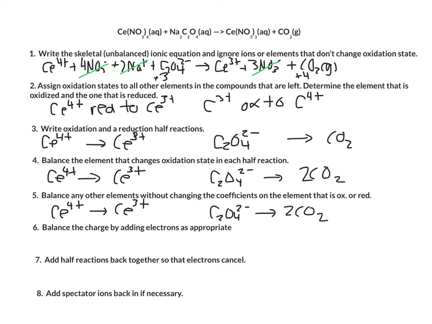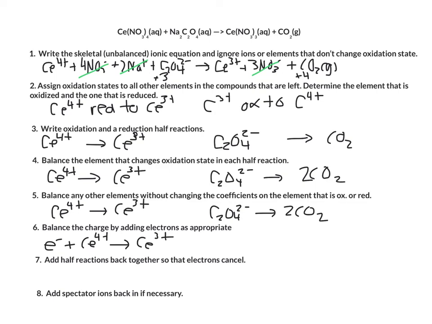The next thing is to balance the charge by adding electrons as appropriate. So for the reduction half reaction, we're going to need to add 1 electron to the cerium 4+ to make it cerium 3+, so that I have a total charge of +3 over here. 4+ -1 is 3+, and I have a total 3+ charge on the product side.